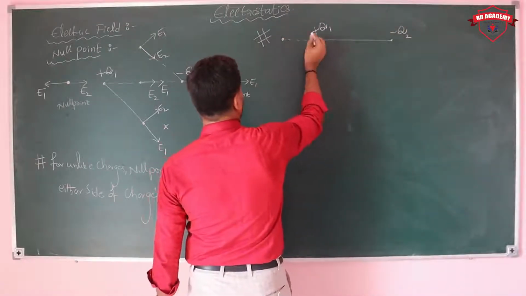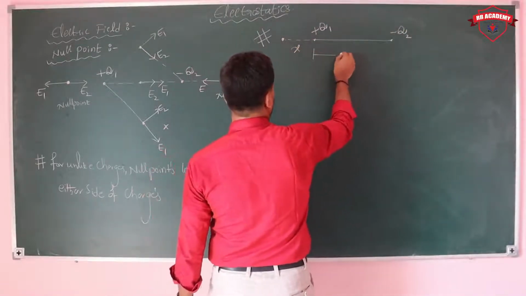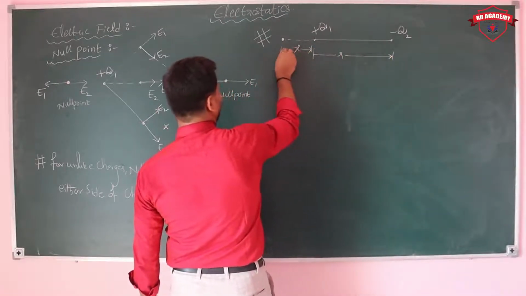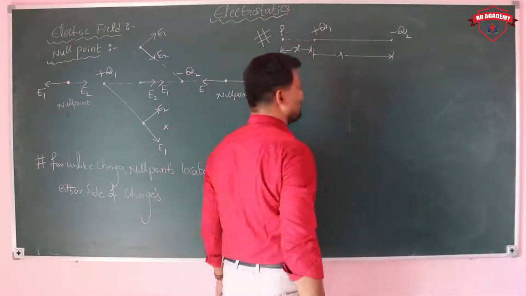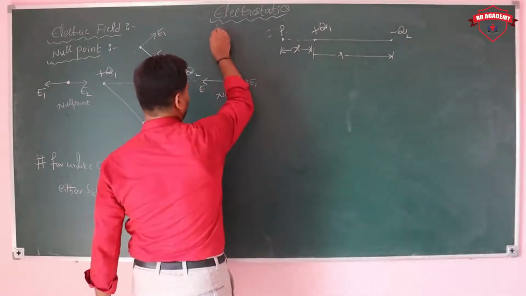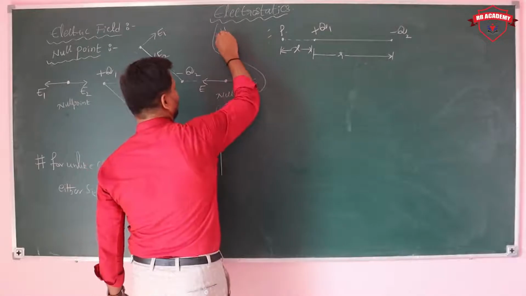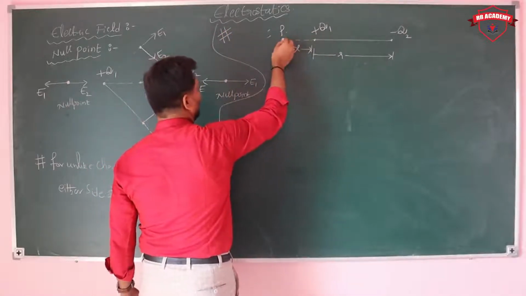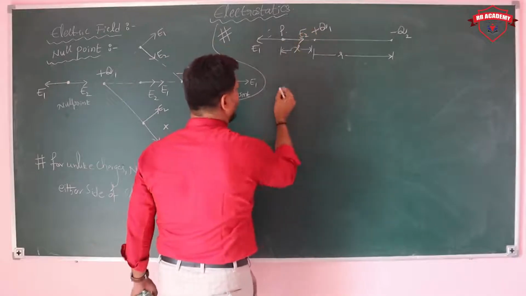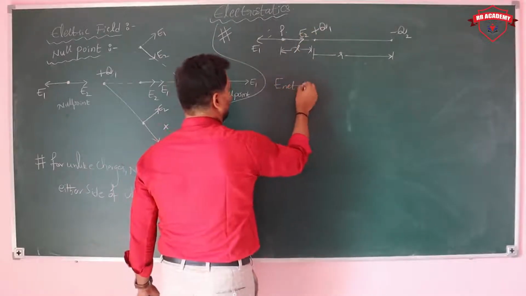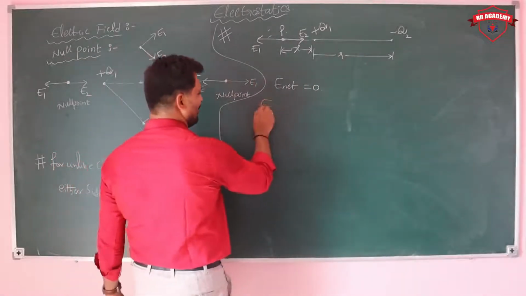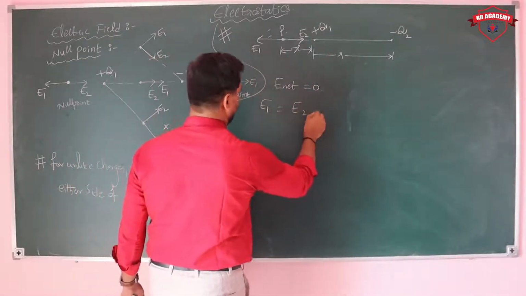Here I am considering that it is at X distance and this is R distance. This is the null point, for example. What is the field at this point? The field at this point is due to 1, away from that, and due to 2, towards that. That means at that point the net electric field is equal to 0, so E1 is equal to E2.